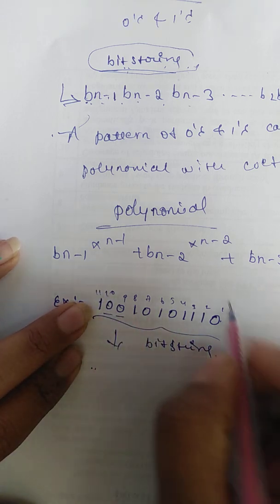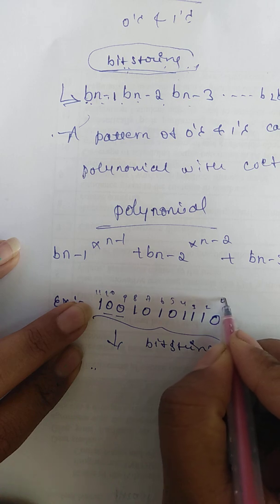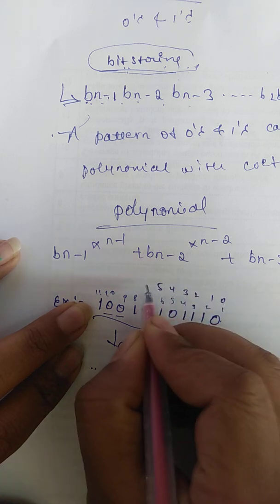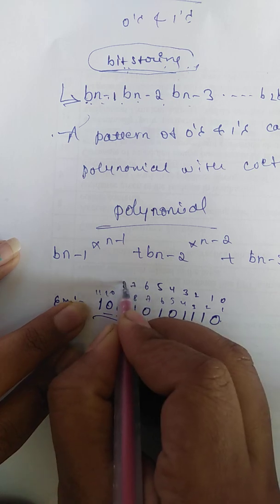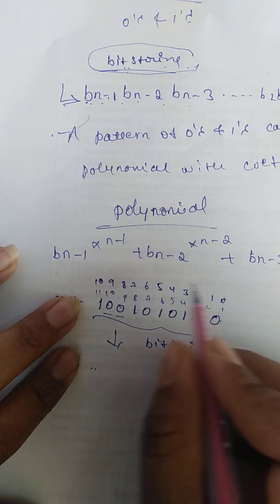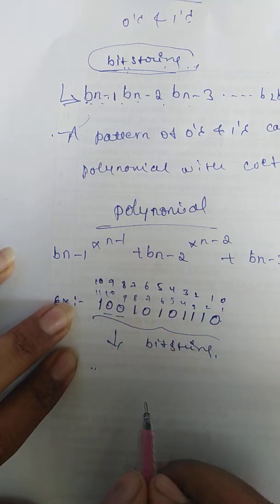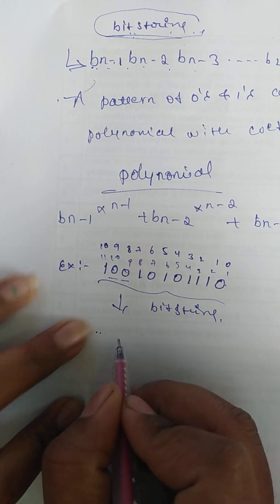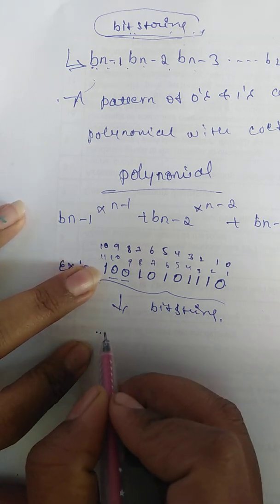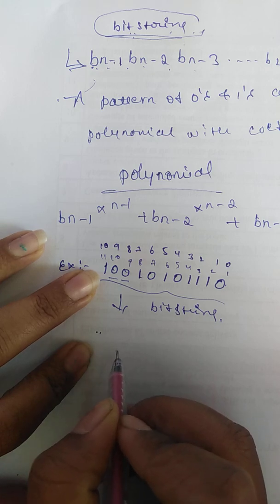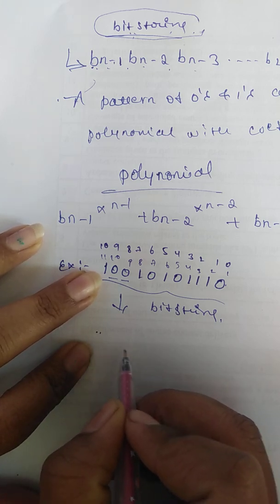We can consider these as positions 0 1 2 3 4 5 6 7 8 9 10, so positions 0 to 10 are how we represent it in a bit string. Now I will write the example of how to represent the polynomial.